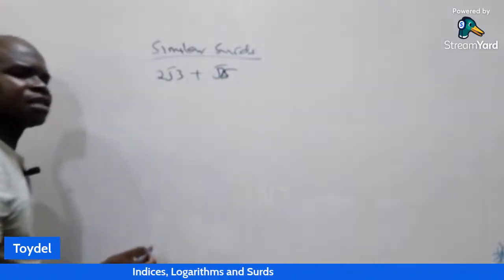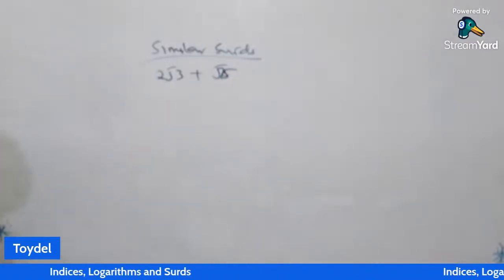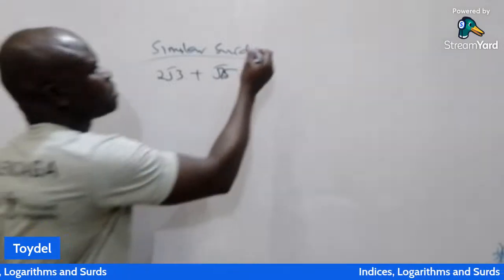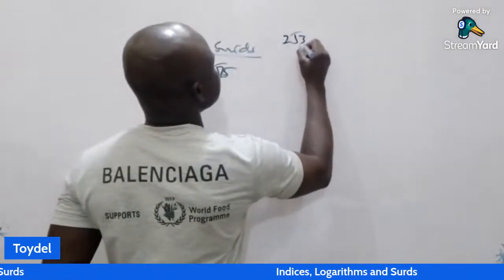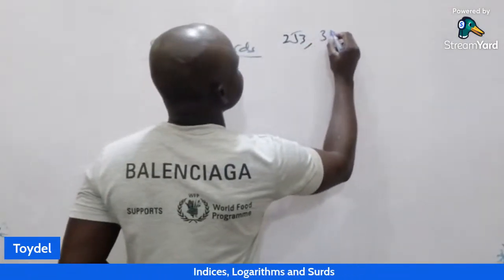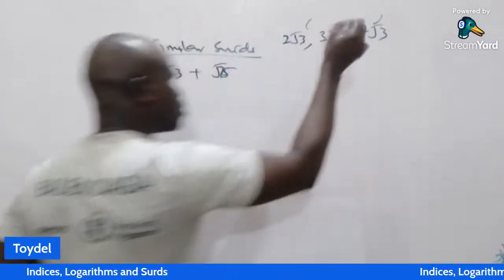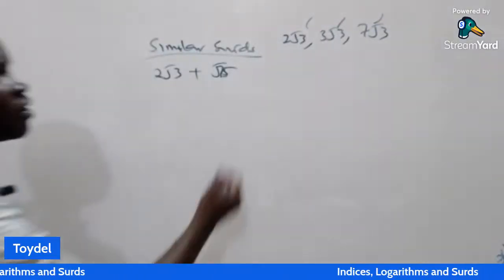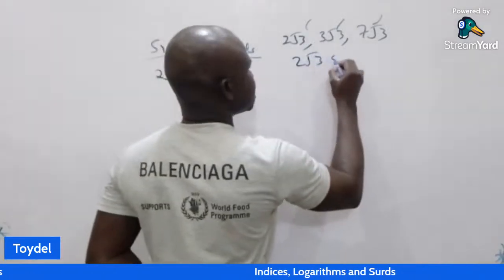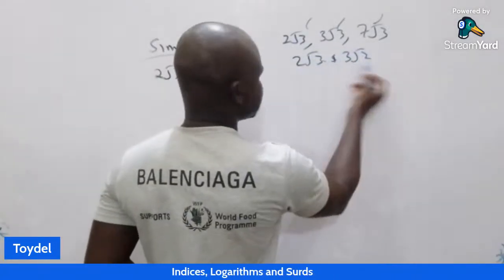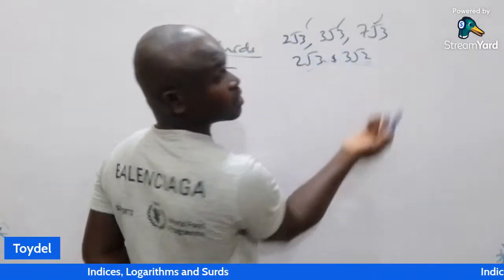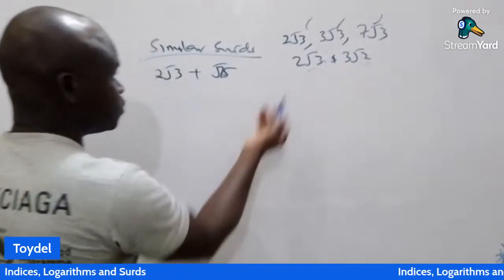Can we add these two together? Is it possible? Similar surds simply means they have something in common. 2 root 3, 3 root 3, 7 root 3. That is, something is common. Root 3 is common. So they are similar. But you can't say 2 root 3 and 3 root 2. They don't have anything in common. So you cannot perform any operation on this. Okay? You just leave it like that.